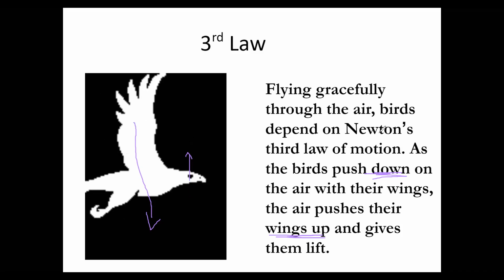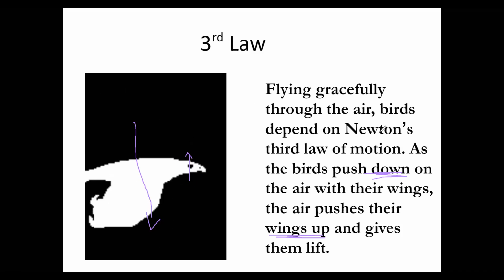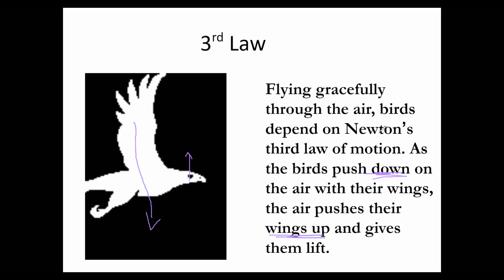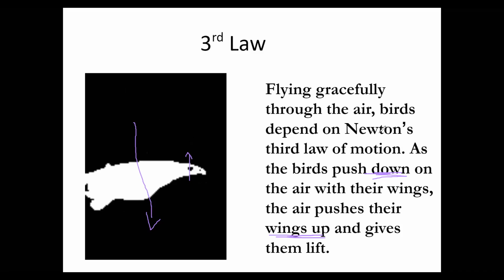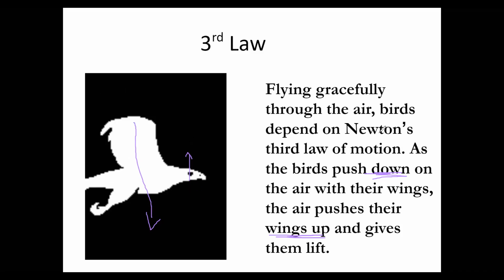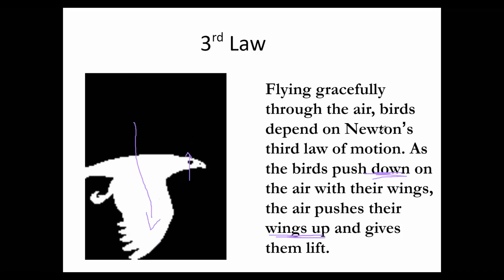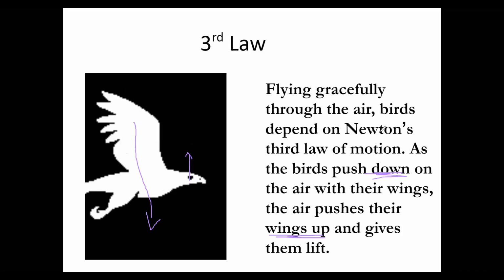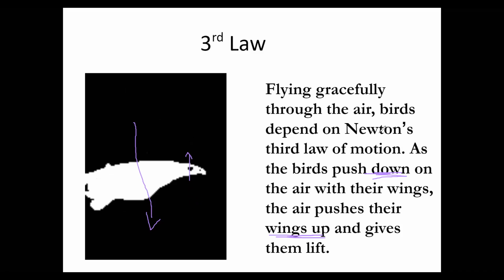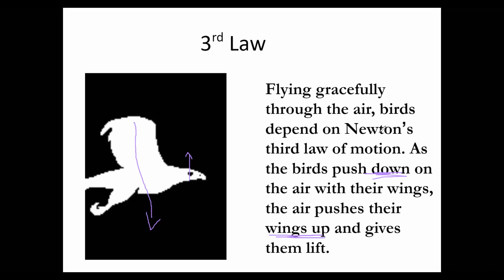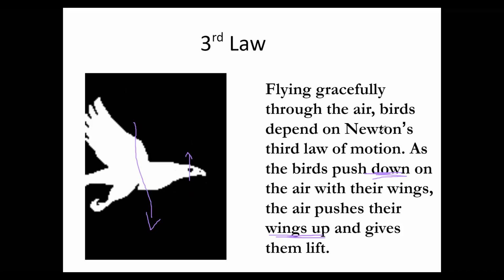The reason that we can't fly, even if you flap your arms up and down as fast as possible, is because our arms are relatively straight and thin compared to a bird's wing that has all those feathers on it. Our arms do not generate very much force against the air, right?